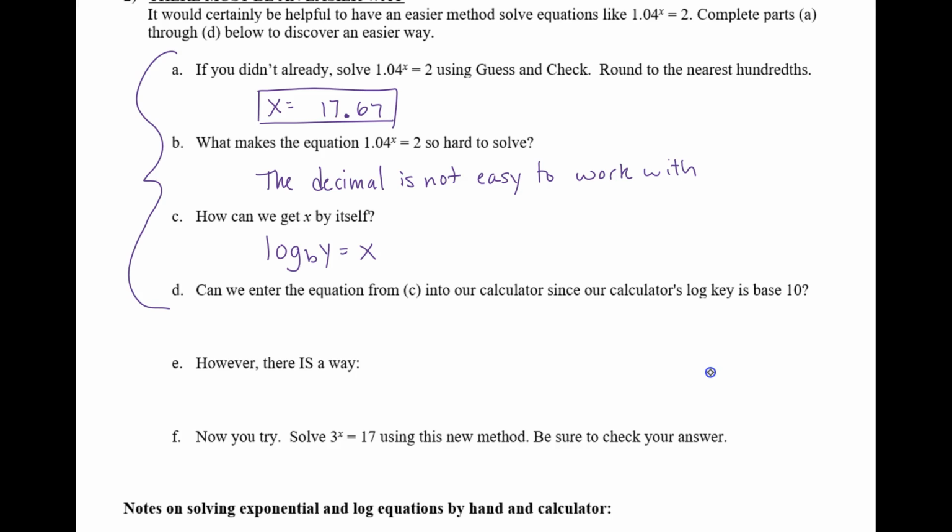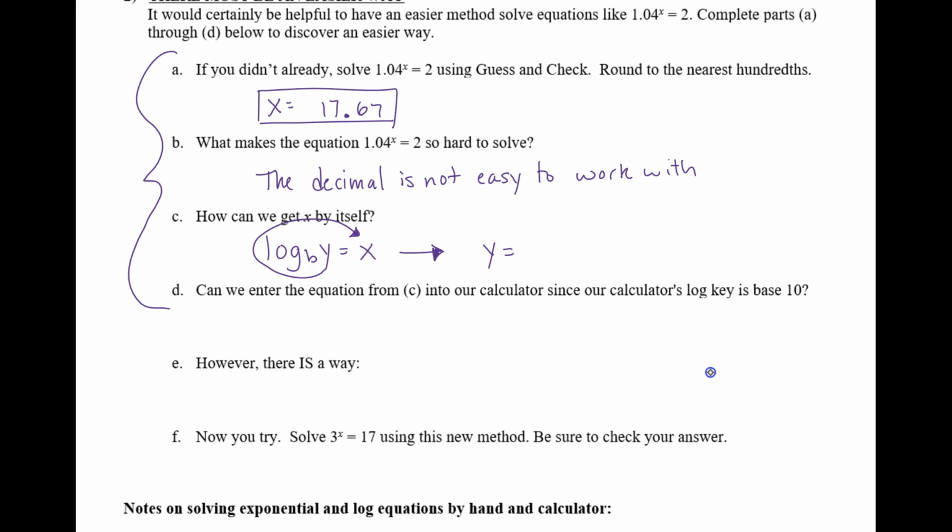Whenever you have a log written like this, how you convert it into exponential format is you start with what's being logged. Here the y is the number being logged, and then you swoop around and go next to b and then x. So your first number you write down is where the swoop started, y.